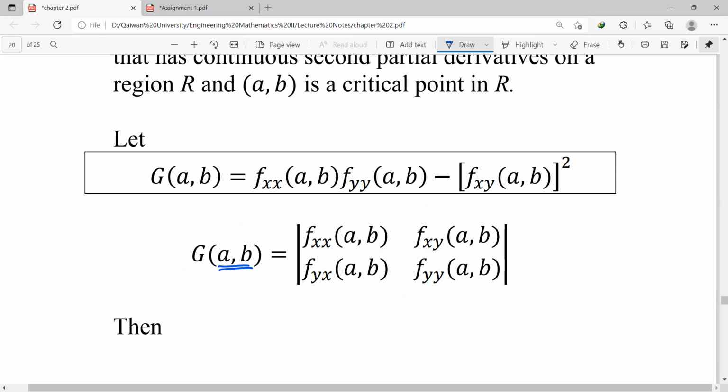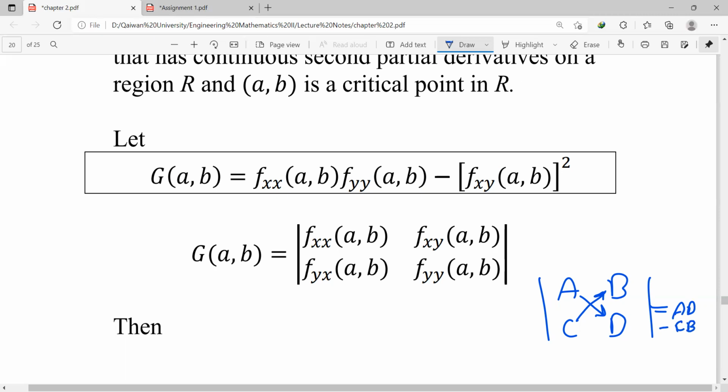As a determinant of a matrix with entries A, B, C, and D, it equals AD minus CB. This is the determinant.